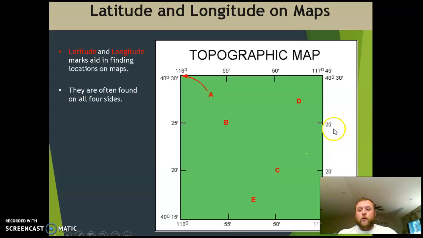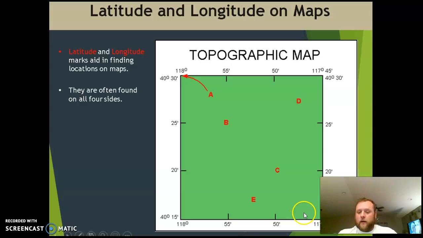So if we're going to do the top, which is our longitudes, we have our longitudes up here. We have 118 degrees right here, and 117 degrees and 45 minutes. Obviously with 45, now we're counting up. So 117 and 50 minutes, 117 and 55 minutes, then once the hour turns, we have another degree.